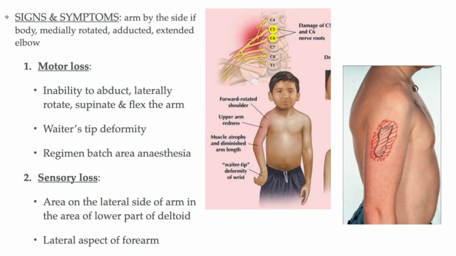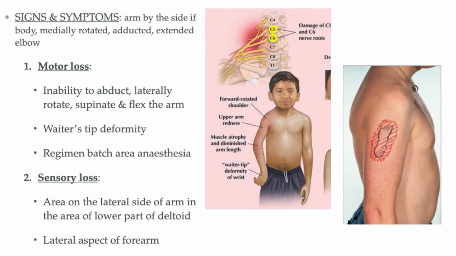He is unable to perform lateral rotation at shoulder joint, and hence the upper limb is in medially rotated position. He is unable to perform supination of the forearm, and hence the upper limb is in pronated position. And he is unable to perform flexion at elbow joint. As a result, the elbow joint remains extended, and this characteristic position is called as waiter's tip deformity or policeman's tip deformity.